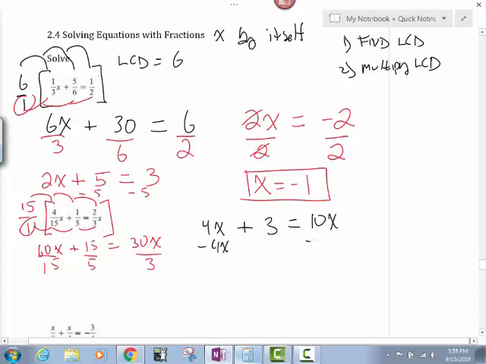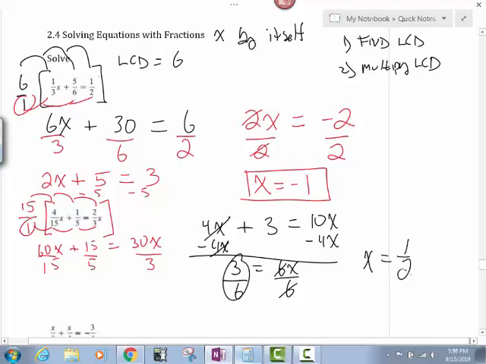So let's go ahead and minus 4x on both sides. 3 equals, let's see, 10 minus 4 is 6x. We can divide both sides by 6. And I just need to reduce that fraction. 3 divided by 6 is the same as 1/2. Okay.